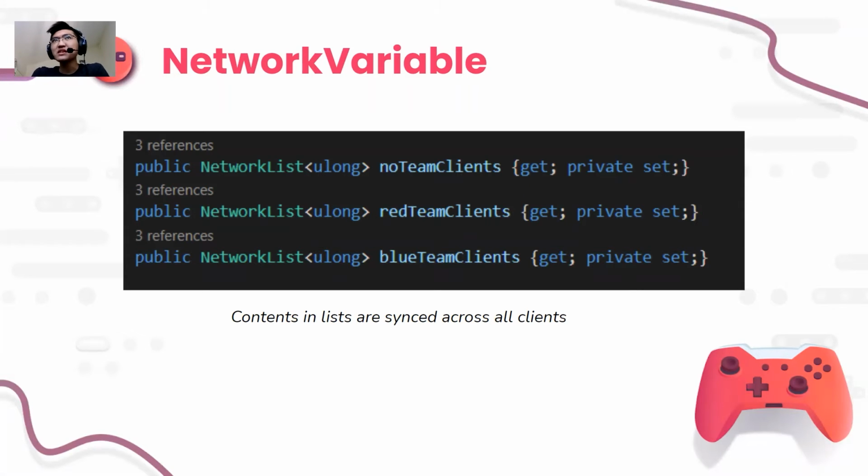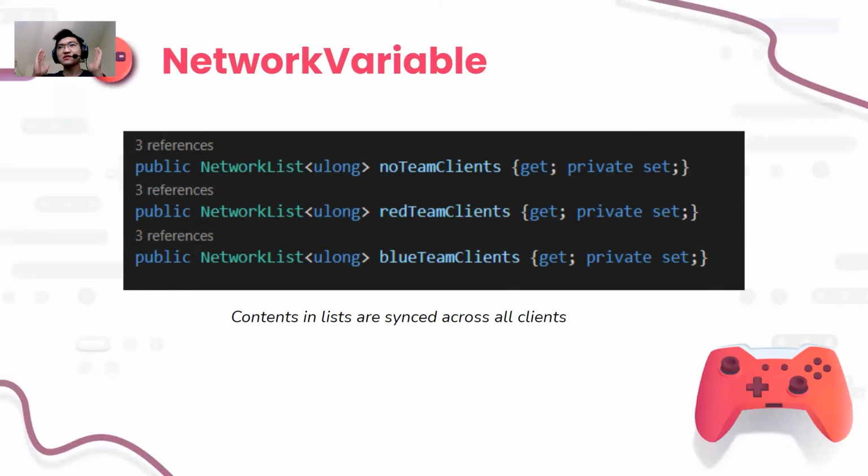And so in this particular example, the way it would work is if you add a new unsigned long to the network list on the server, then it would update all the lists on all of the clients and let them know that a new element had been added.